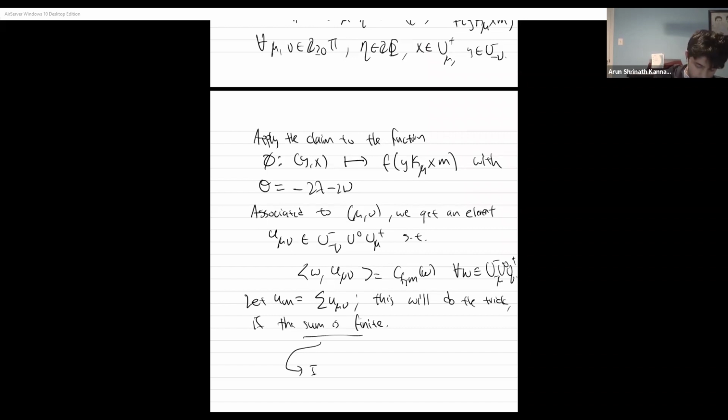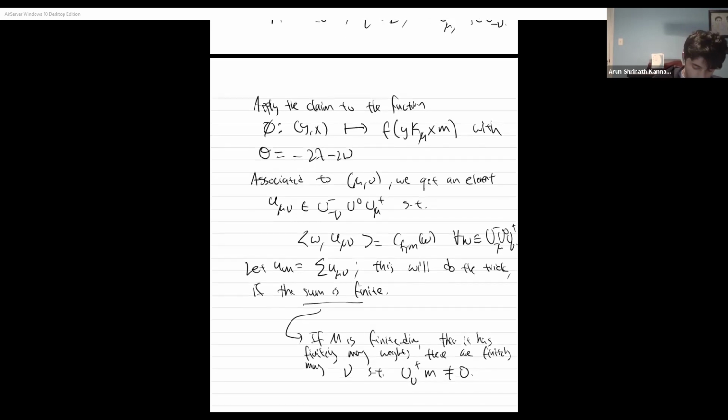So if M is finite dimensional, then it has finitely many weights. And in particular, there are finitely many nu such that u nu plus acting on M, a weight vector as we chose at the start, is not equal to 0.